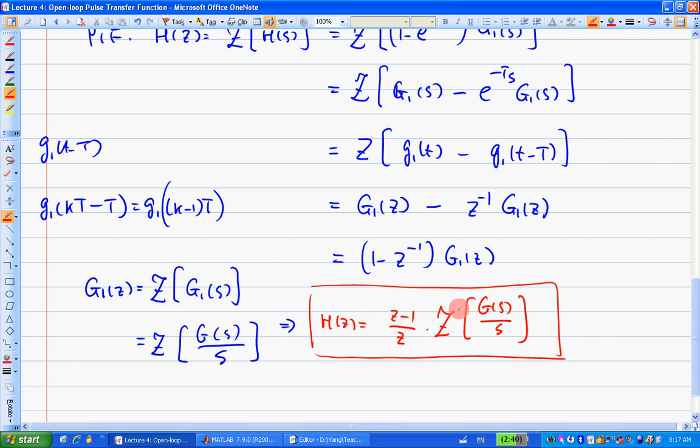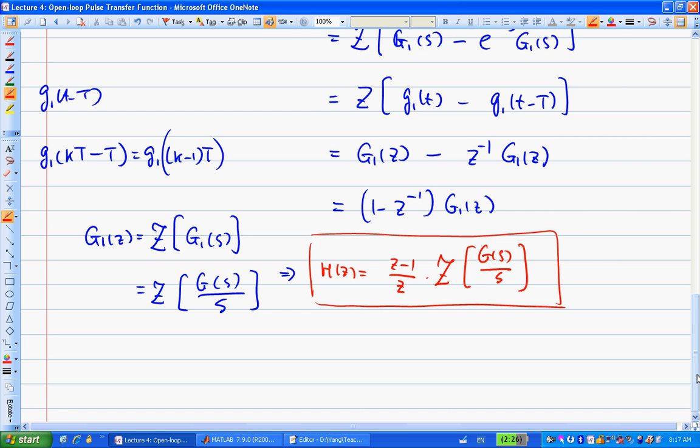That's the conclusion you need to remember: when you have a zero order hold in front of a plant, the corresponding pulse transfer function is this multiplied by this.